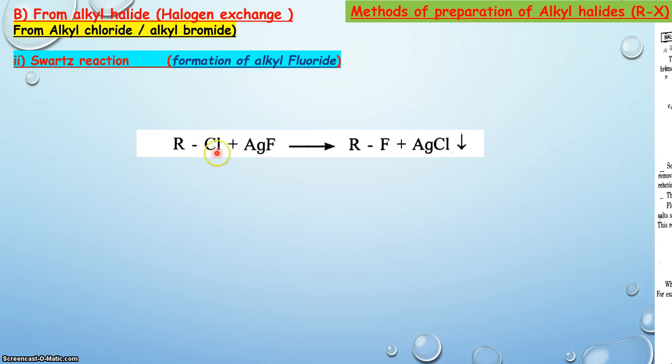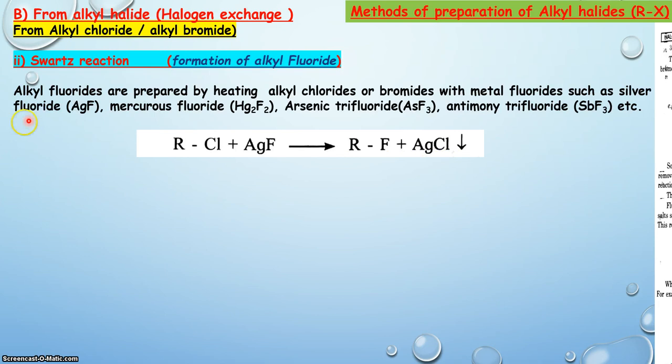In this reaction, chlorine of alkyl chloride is replaced by fluorine and the product we will get is alkyl fluoride, and the byproduct is silver chloride. So these alkyl fluorides are prepared by heating the alkyl chlorides, or we can take bromides also, with metal fluorides such as silver fluoride, mercurous fluoride, arsenic trifluoride and antimony trifluoride, etc. This reaction is known as the Schwartz reaction.